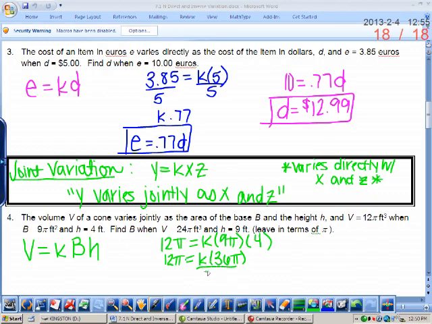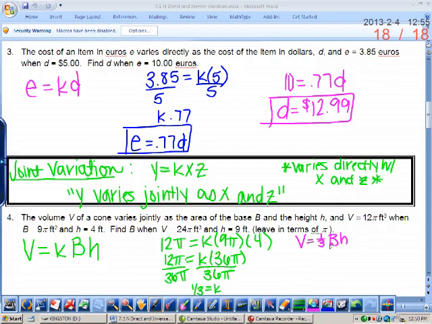Okay, divide both sides by 36 pi. What is 12 pi over 36 pi? 1/3. All right, so we get that 1/3 is K. All right, so what's our joint variation equation? V equals 1/3 BH. Good.